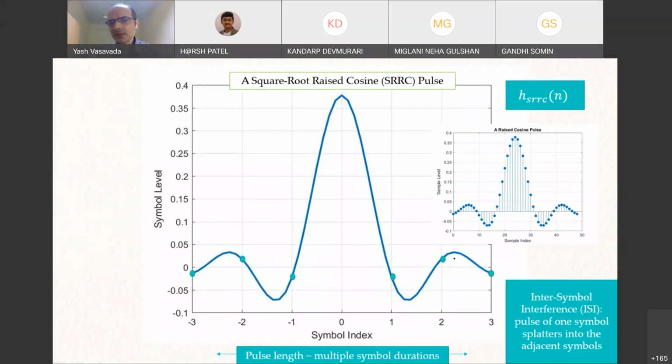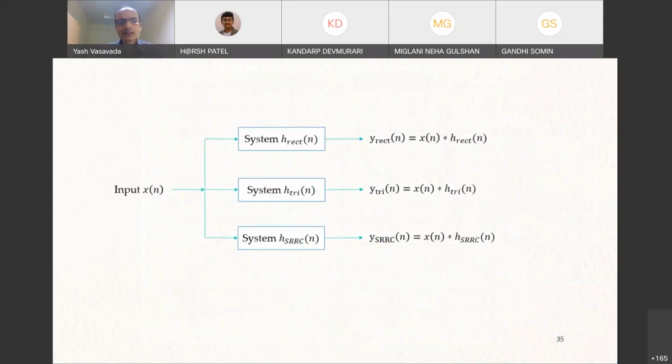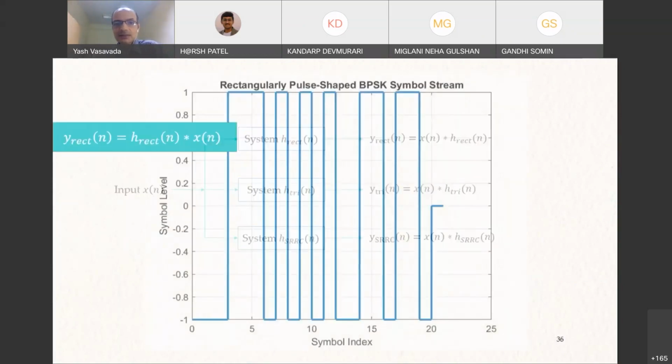And we may see this later on, that this poses what is known as inter-symbol interference. Let us not get into it right now. But now I'm going to just take this input and pass it through the rectangular, triangular, and the square root raised cosine. So I experiment with these three types of pulse shapes and see what happens.